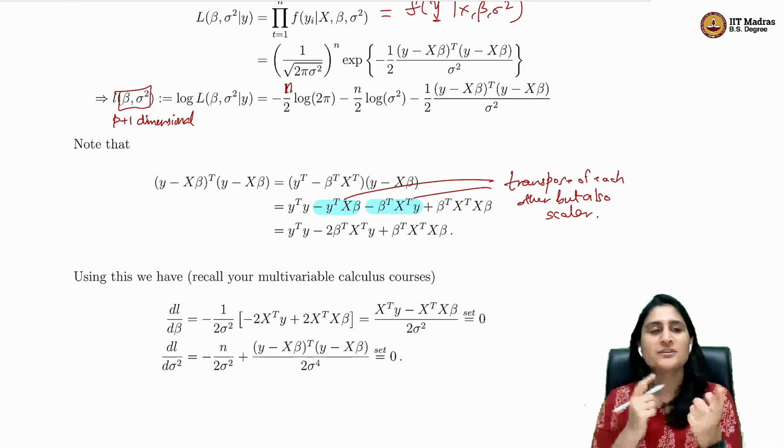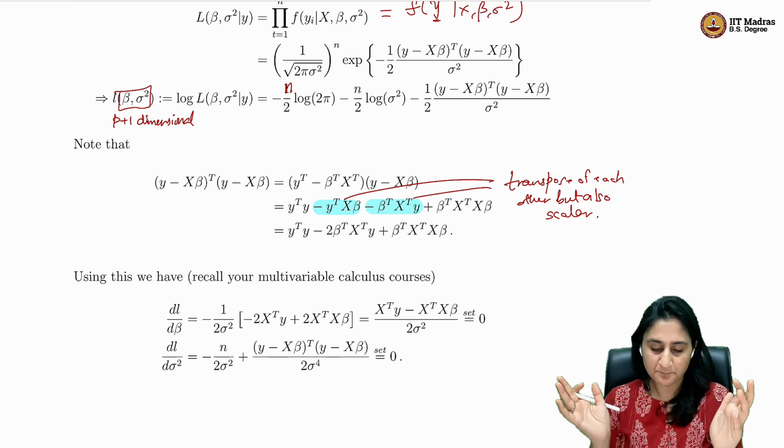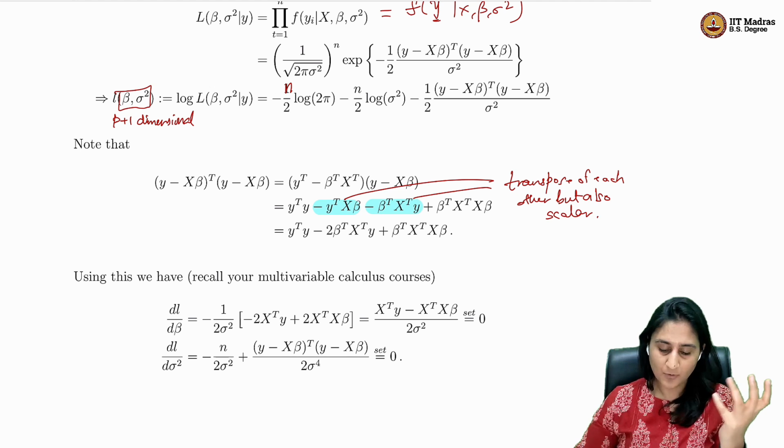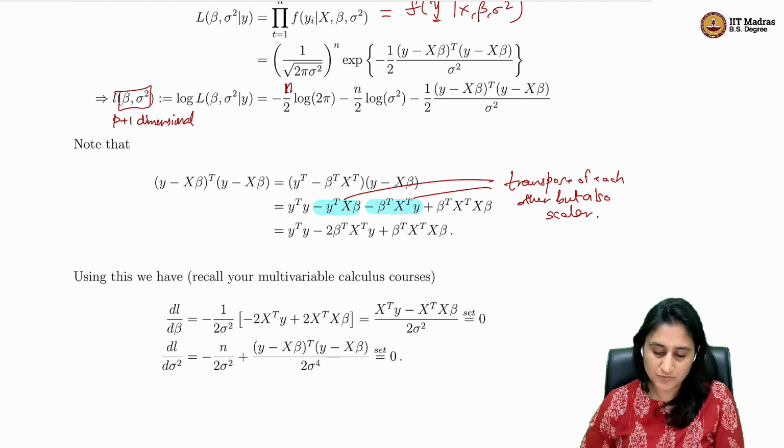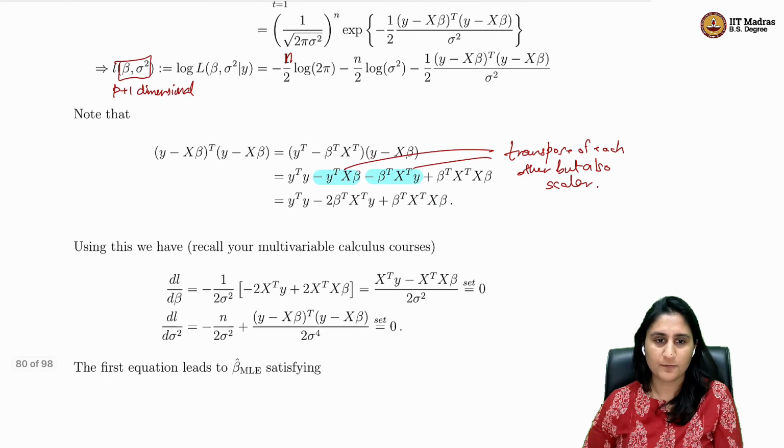So if they're transposes of each other and one-dimensional, that means they're exactly the same. Right? So they're the same number, same quantity, so I can combine them. So I choose to combine this with this. So I get y transpose y minus 2 beta transpose x transpose y plus beta transpose x transpose x beta. Okay.